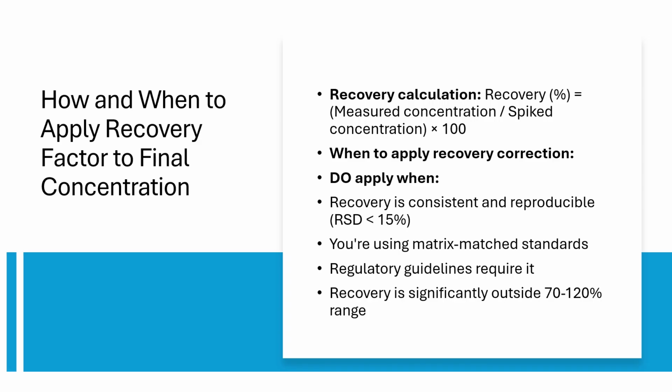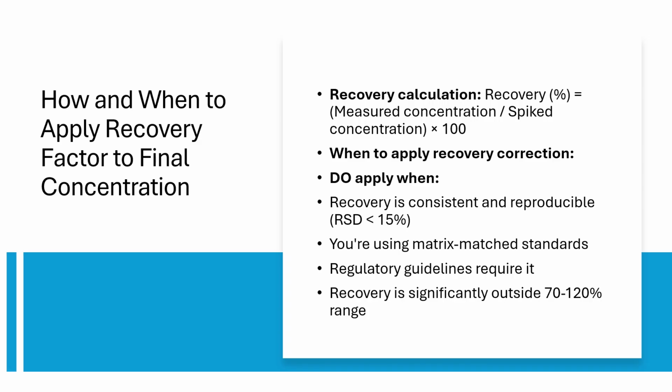But what if your recovery is less than 70% or more than 120%? Then there comes the role of recovery factor. To apply recovery factor, there are some rules. The recovery should be consistent and reproducible, and the RSD should be less than 15%.